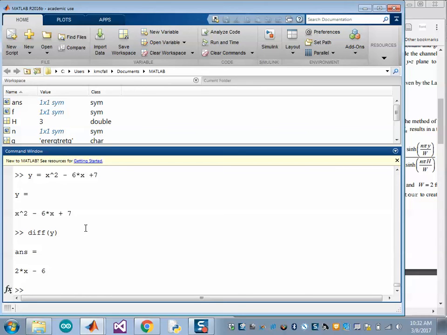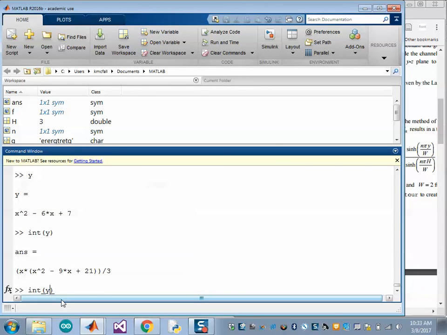Okay? I can also have it do integrals. So if that's my y, and I take the integral of y, okay? Oh, isn't that interesting? So that's apparently not how I would think of it, as being 1/3 x cubed minus 3x squared plus 7x, right? That's how I would have thought about it, but that's how they wrote it, okay?